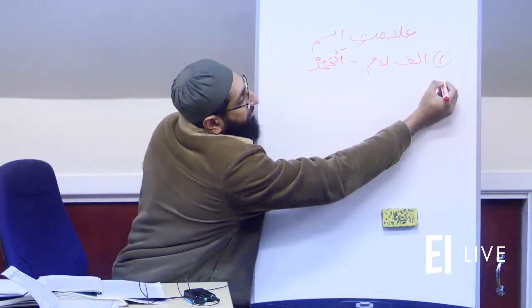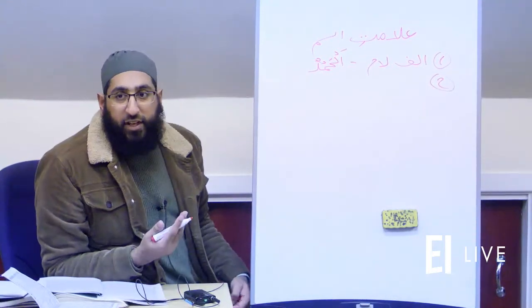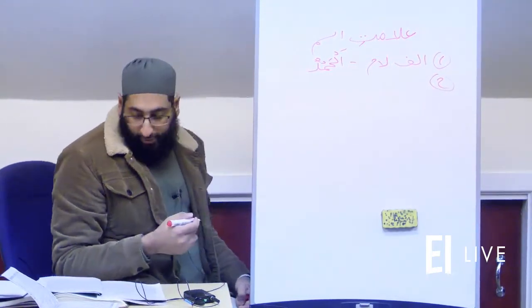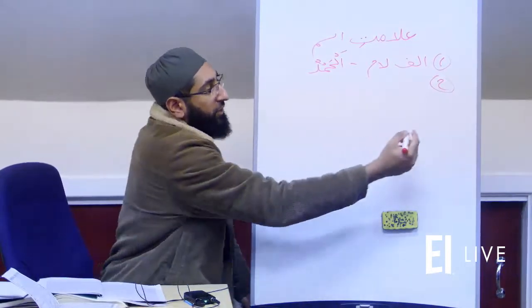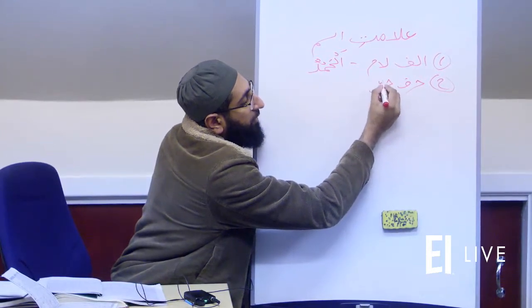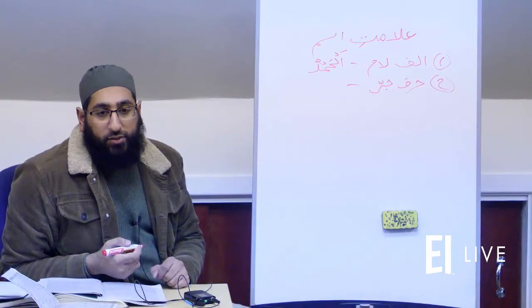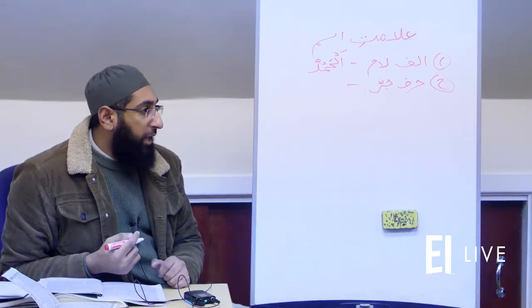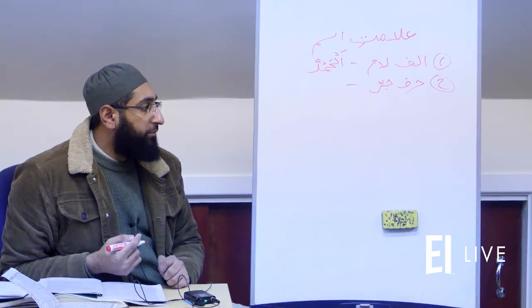Number 2 is, and you're going to do these later on, but just as a sign of ism, you know that before an ism a harf jar can come. Harf jar is a particle, a harf, which gives a jar to the end of the ism.